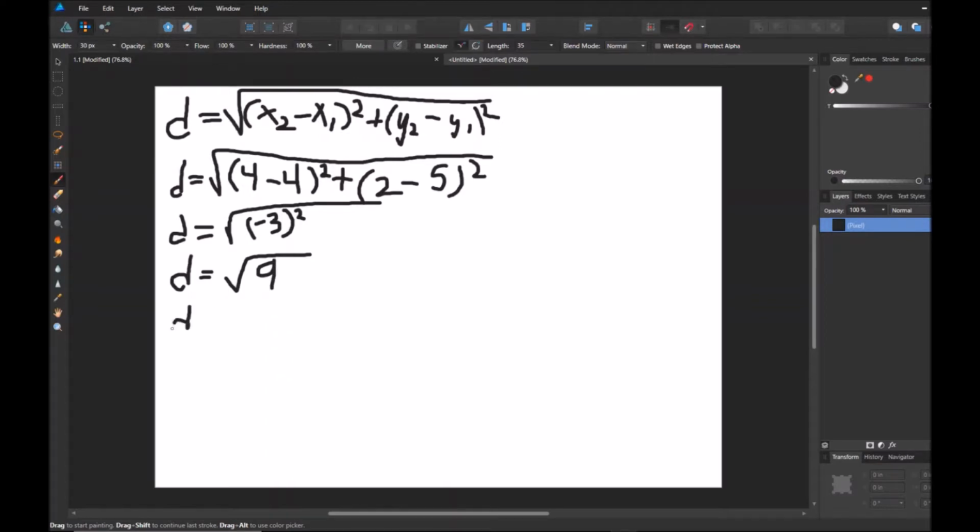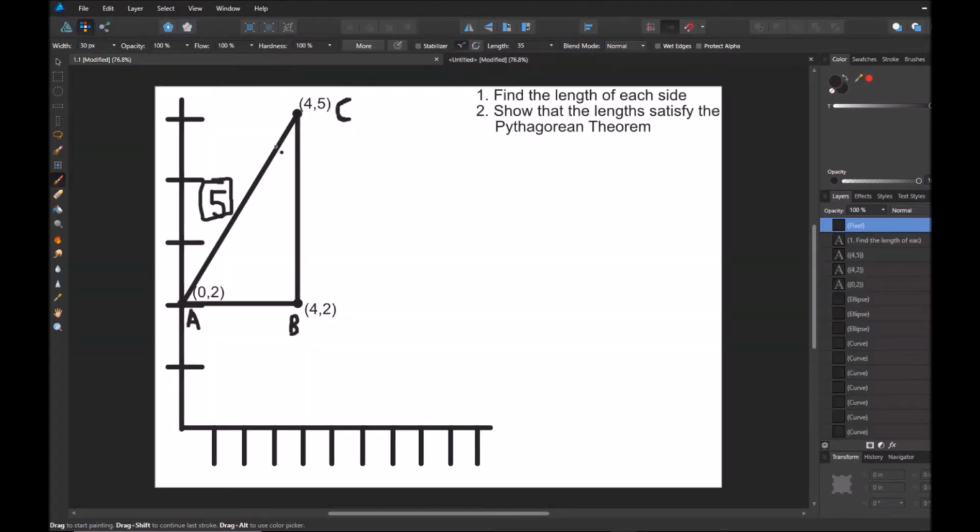And the square root of 9 is 3. So point C and point B are 3 units away from each other.